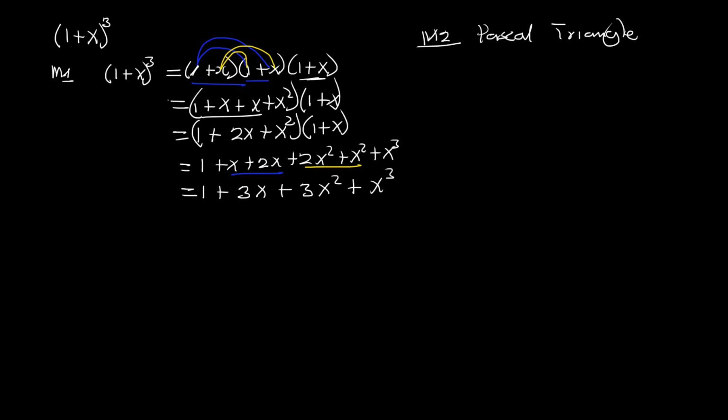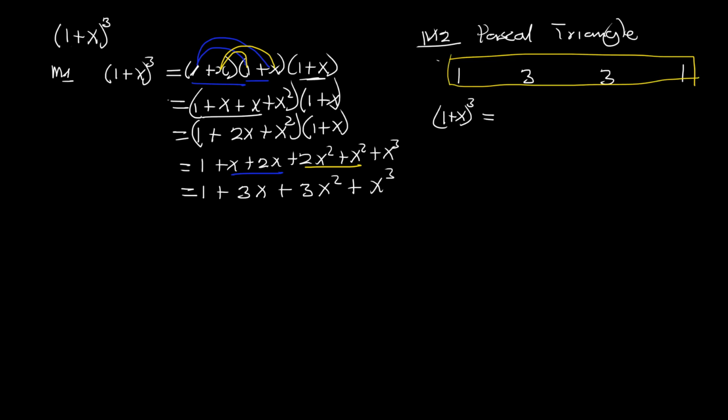We saw that the coefficients for the third row in the Pascal triangle were 1, 3, 3, 1. You can pause the video and then check. Okay, so 1 plus x cubed will give us, using the Pascal triangle, these are the coefficients.